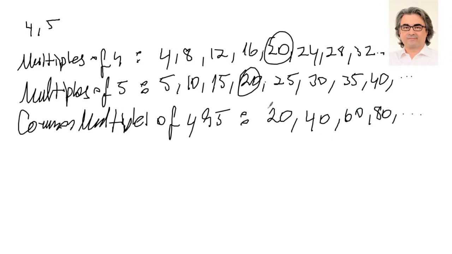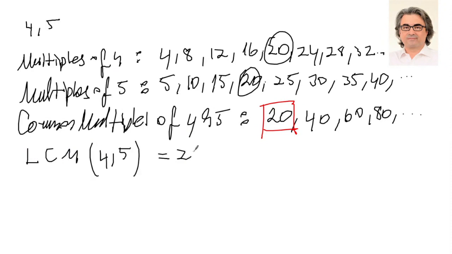Now, 20 is the most important one for us because 20 is the least common multiple of 4 and 5. And again, let's repeat what is the common property of common multiples of 4 and 5. The common property, and the most important property, gives the definition and the meaning of the least common multiple of two numbers.